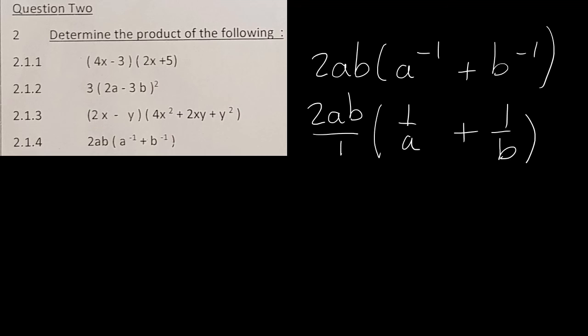If I multiply the first set and distribute them as we do distribution, you'll notice that the a's will cancel off, so I'll be left with 2b. And if I multiply and distribute the other two terms, I'll notice that the b's will cancel off and I'll be left with 2a.